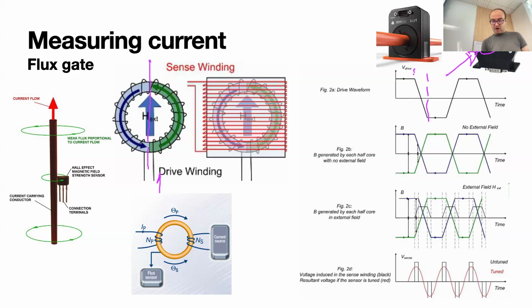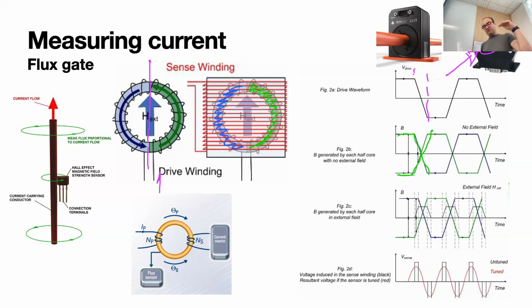The sense wire can sense this, and it tries to determine the difference between the electromagnetic field in this half versus the other half. Because there is no external field and no current flowing through the sensor, both signals are symmetrical and they cancel out. And the output of the sensor is zero.